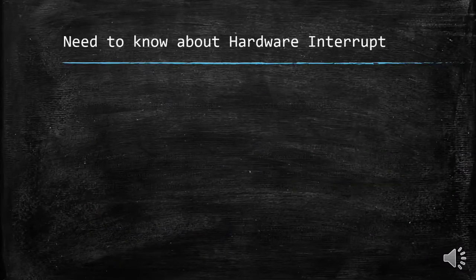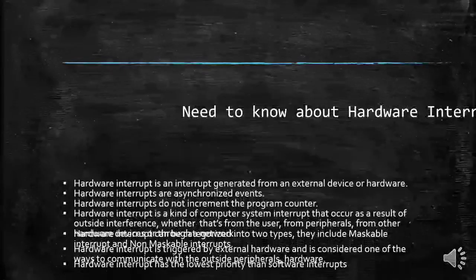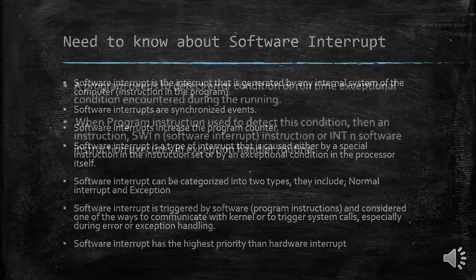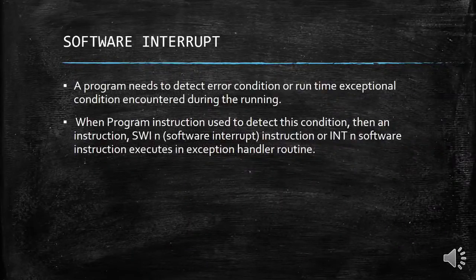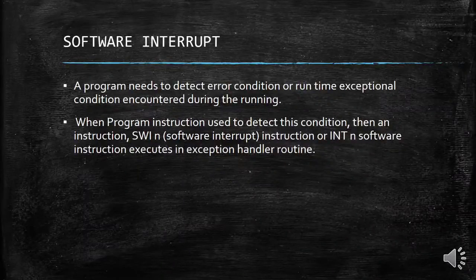Here the hardware interrupt is briefly explained. Hardware interrupt is an interrupt generated from an external device or hardware. It is an asynchronous event. Hardware interrupts do not increment the program counter. It is a kind of computer system interrupt that occurs as a result of outside interference, whether that's from the user, from peripherals, from other hardware devices, or through a network.